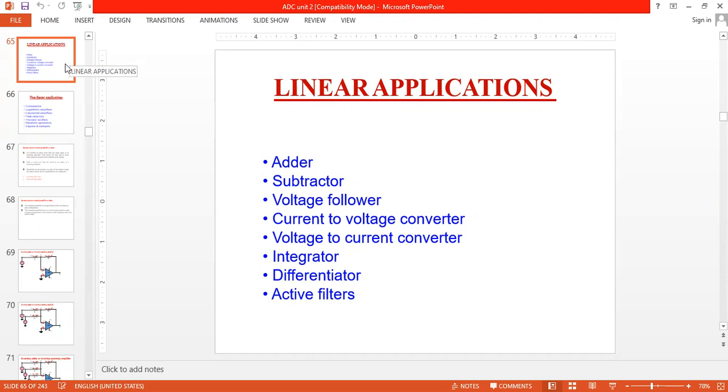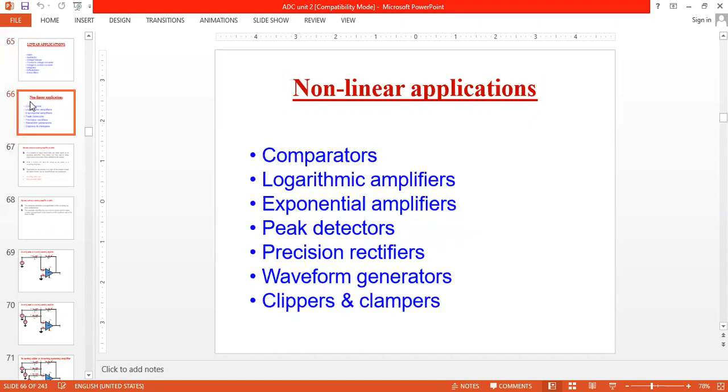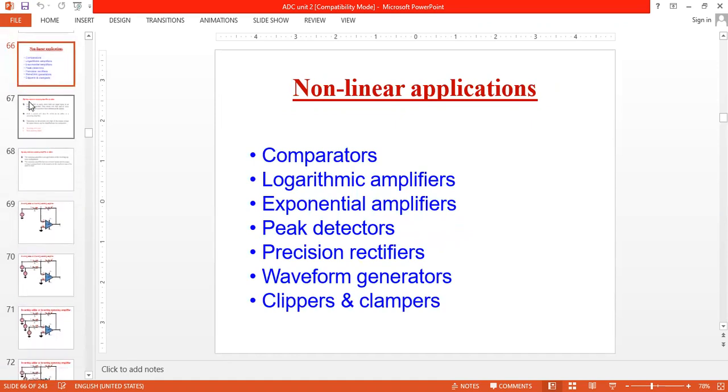It keeps changing, that is, from 0.1 to 0.2 it varies, from 0.2 to 0.3 it varies. But the non-linear output will not change like that, we get only 0 or 1 as output. These are the linear and non-linear applications.